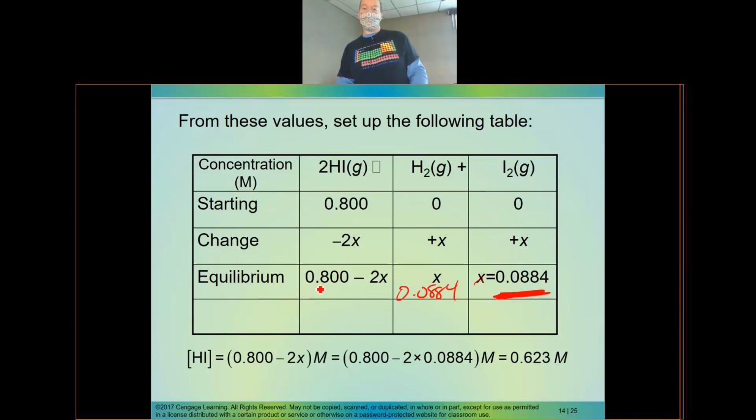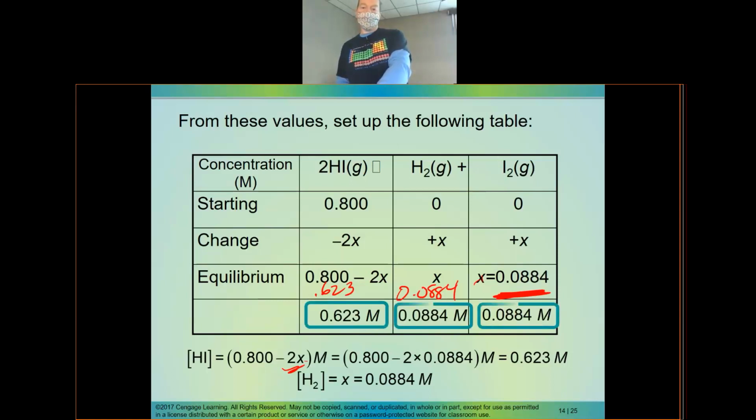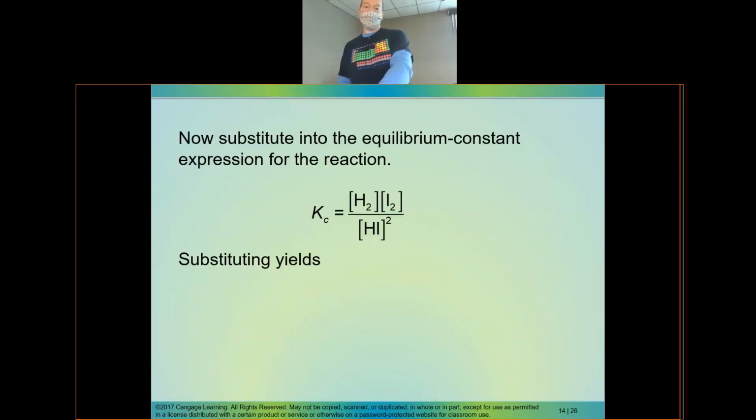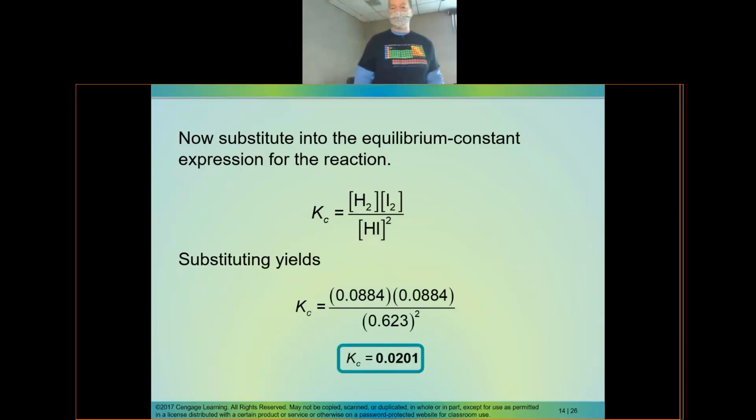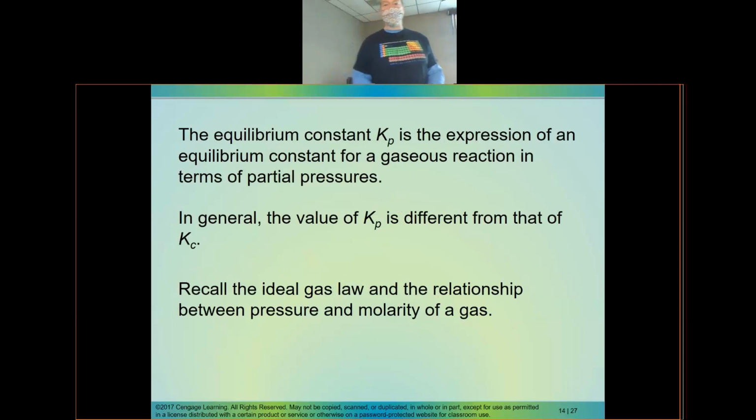And then we have to take 0.8 minus 2x to get our 0.623. All right, and so then when you plug that into your Kc setup and push your buttons, you get your 0.0201 for Kc. All right, so that will be a typical question on the test. Make sure that you can do those types of problems.